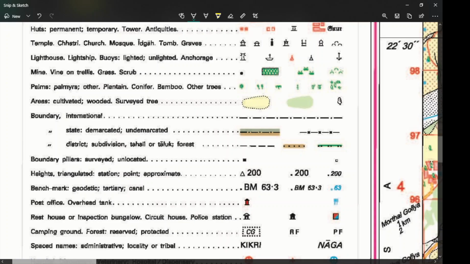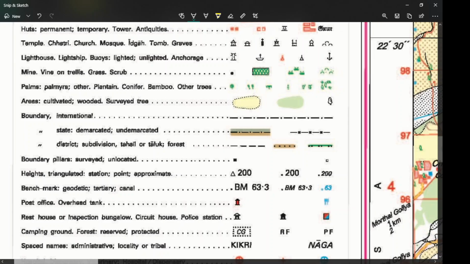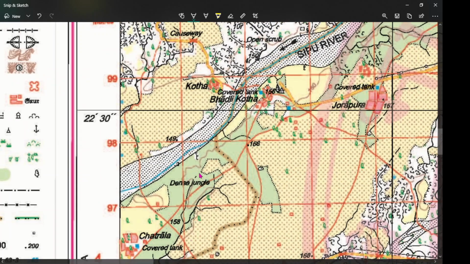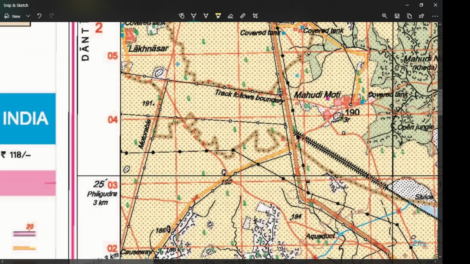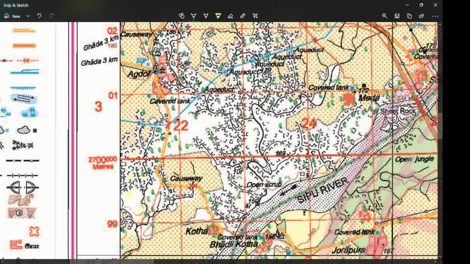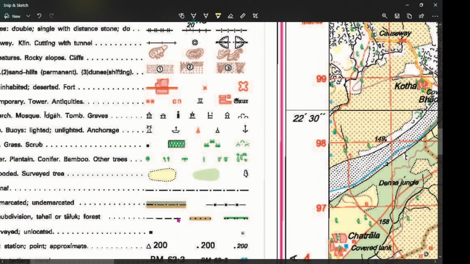Cultivated, wooded, surveyed, cultivated. So these are cultivated areas. Let us mark these as well. It is the dot dot ones.